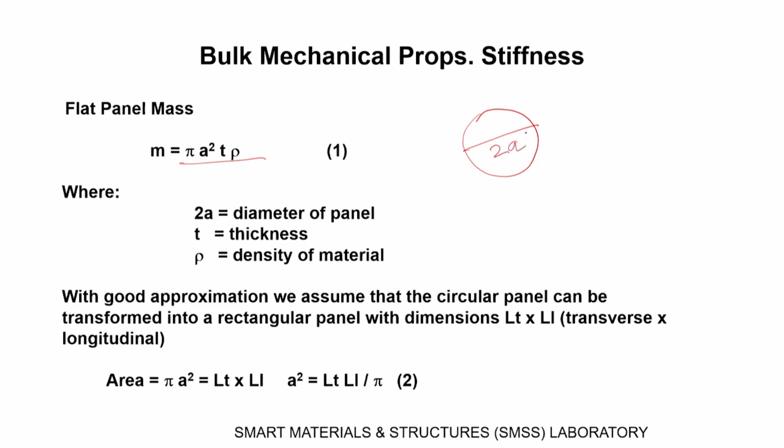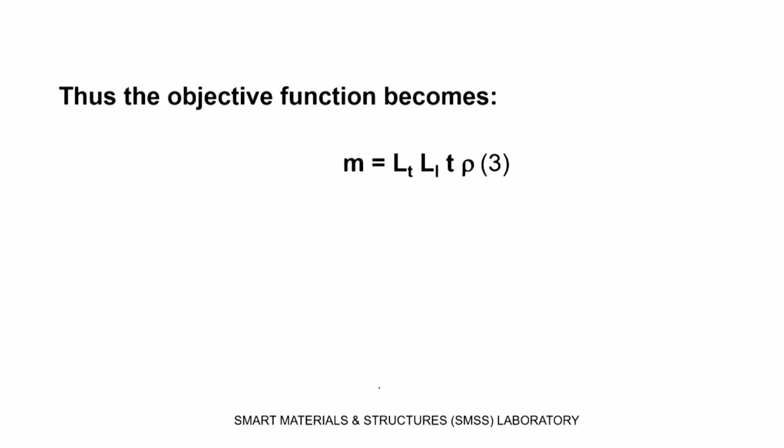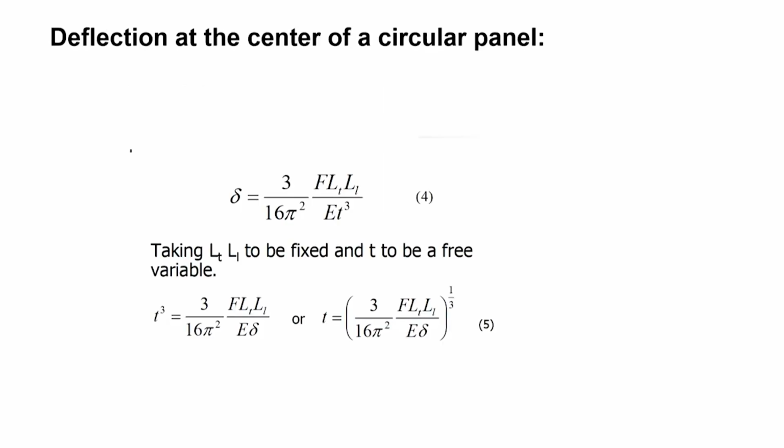Now, through some manufacturing process, we can also get these in terms of the width and the length of the panel, like LL and LT. So, this is the transverse and the longitudinal geometric shape of the panel. So, you can write the area in the same manner, and then you can get the mass which we have already discussed. Similarly, you can get the mass of the panel.